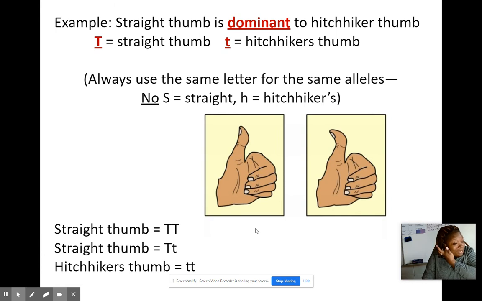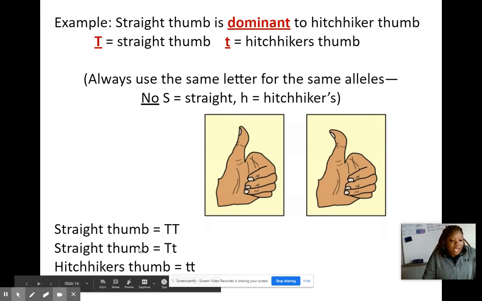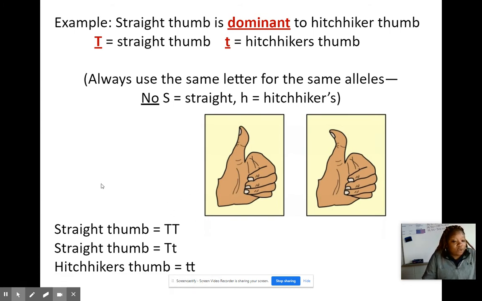And if both parents pass down two dominant genes, then the offspring has no choice but to have a straight thumb, because dominant is going to give you dominant.